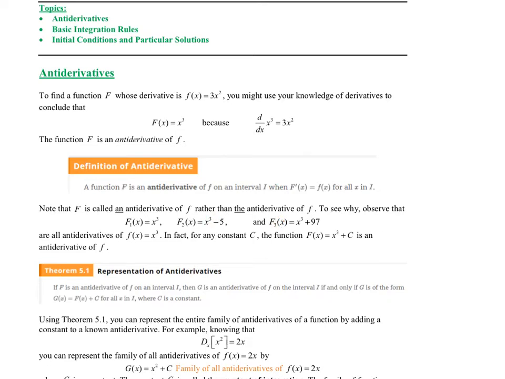They could come up with another one. How about x cubed plus 97? That is another parent function because the derivative of x cubed plus 97 is 3x squared as desired. So it says, in fact, all 3 of these are antiderivatives. In fact, any constant c for the function capital F of x equals x cubed plus c is an antiderivative. So what are they saying there?